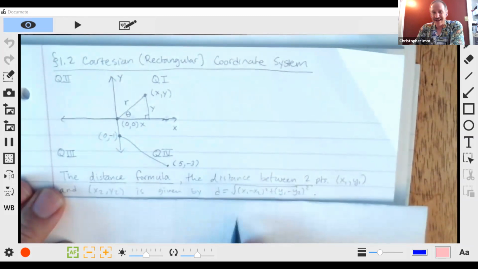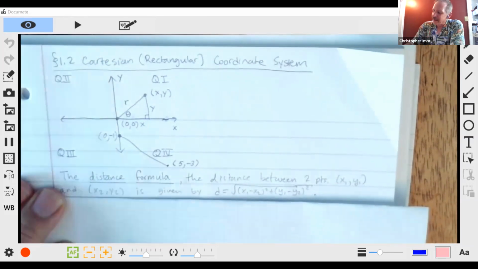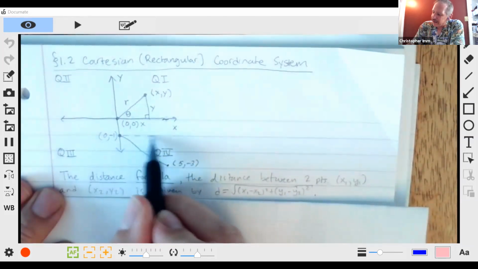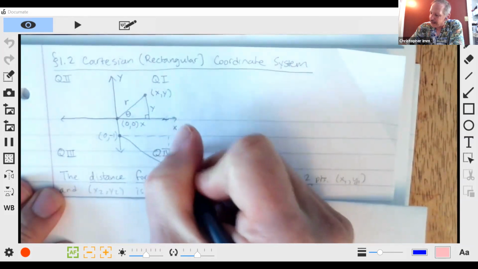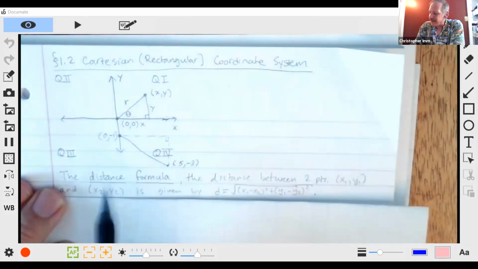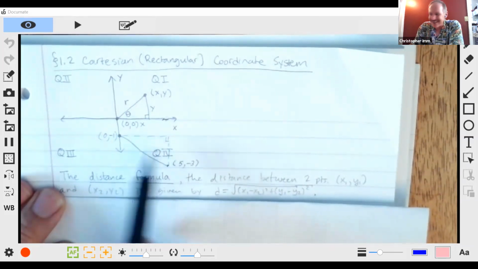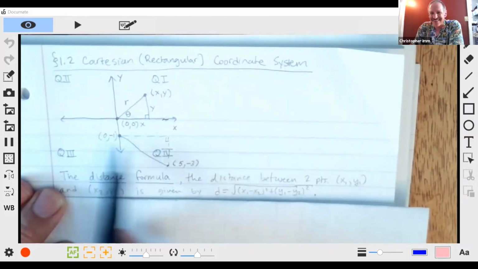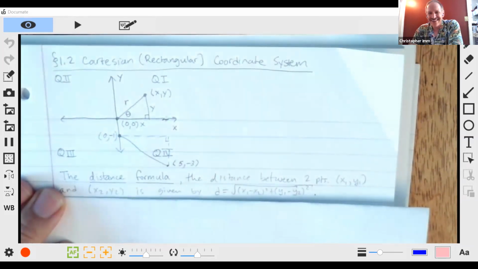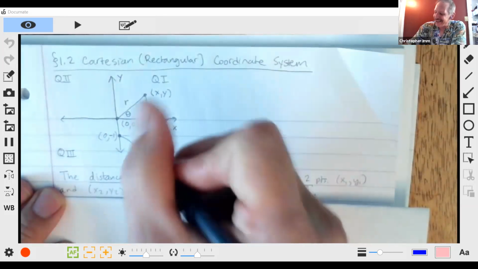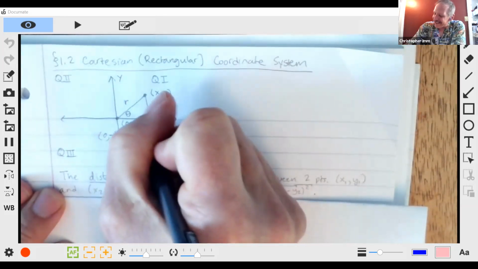Okay, so if I wanted to find the distance between these 2 points, I could plug it into my formula. However, where does that formula come from? It comes from the Pythagorean theorem. So if I connected these 2 points and made a right triangle, what is the x distance between these 2 points? Who can tell me? The x distance. 5. 5, great, Connor. So I would take 5 minus 0.